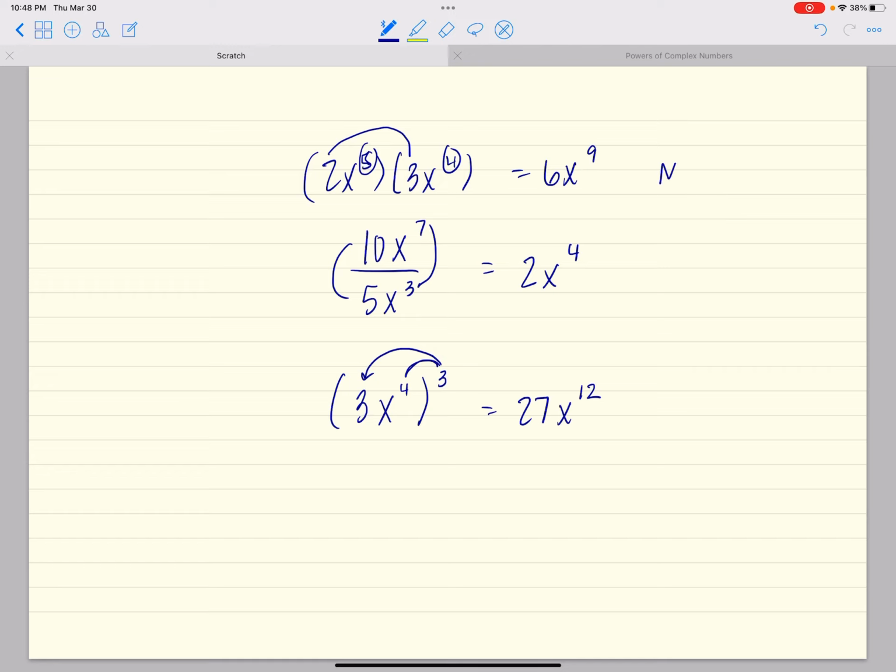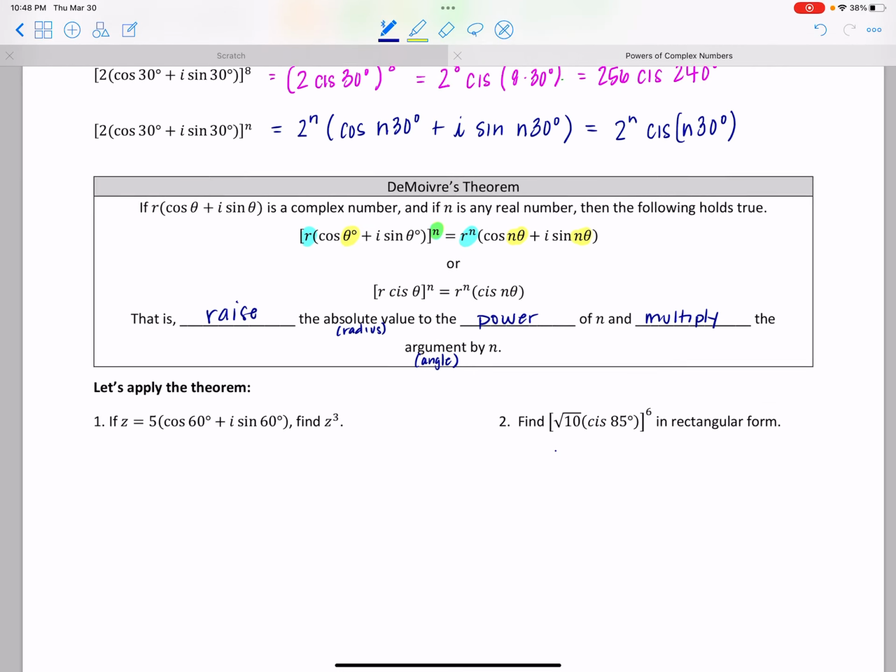This is multiply and add, this is divide and subtract, and this is raise our coefficient to our power and then multiply our exponents. So we raise our radius to a power and we multiply the angles. Okay, it's the same operations that we connect in terms of powers and exponents and actually logarithms. We connect those here.